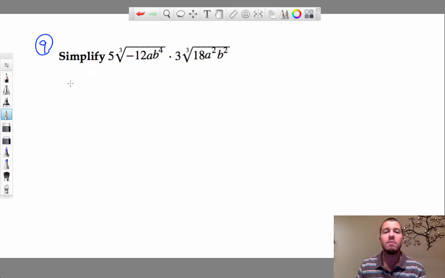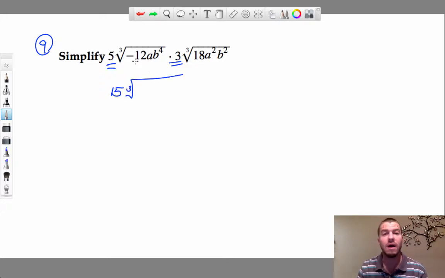So simplifying radicals, multiplying radicals here. When you're multiplying two radicals, they have to be the same index. They have to be the same root. So in order to do so though, we multiply what's in front. So 5 times 3 is going to become 15.